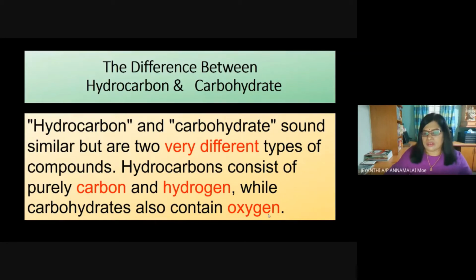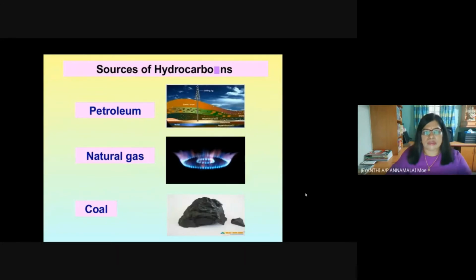That is the difference: hydrocarbon has only carbon and hydrogen, while carbohydrate has carbon, hydrogen, and also oxygen. We call it very different because they have additional oxygen. The molecule structure is also bigger and more complicated.